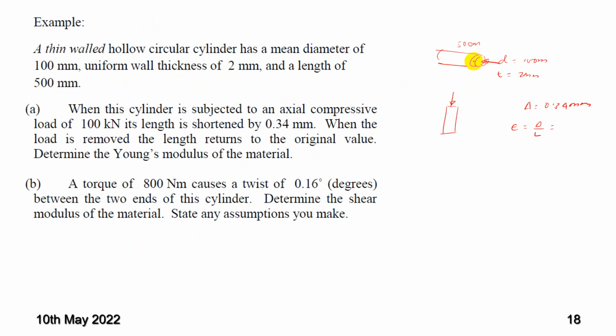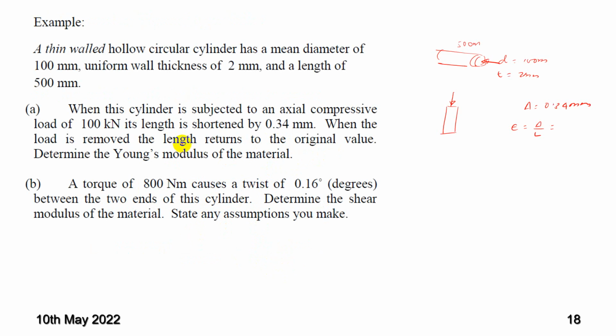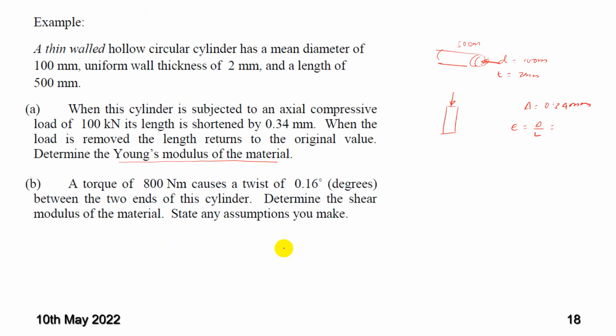Area is also known because we know the thickness and the diameter. So Young's modulus is FL over delta A, and A is 2 pi R T. If you substitute in this equation, you will get the stress, and then using the strain, we can determine the Young's modulus of the material. So Young's modulus is 234 gigapascal for axial force and axial stress.